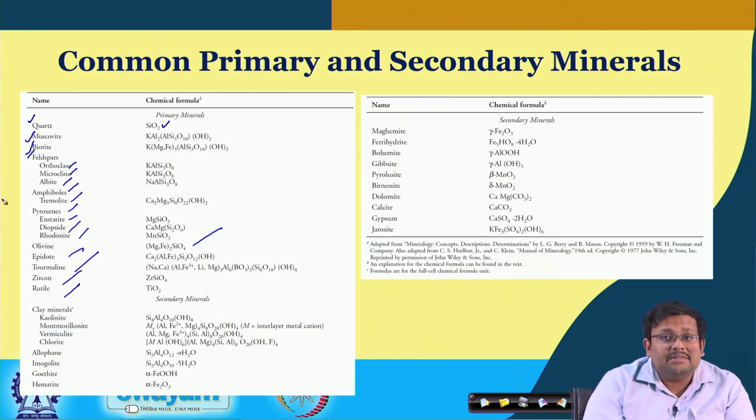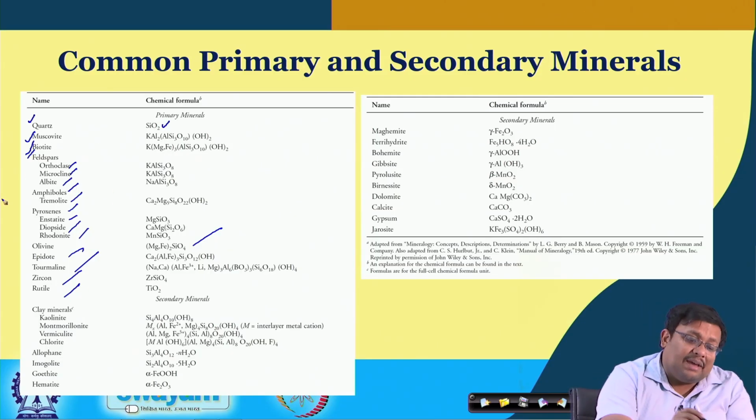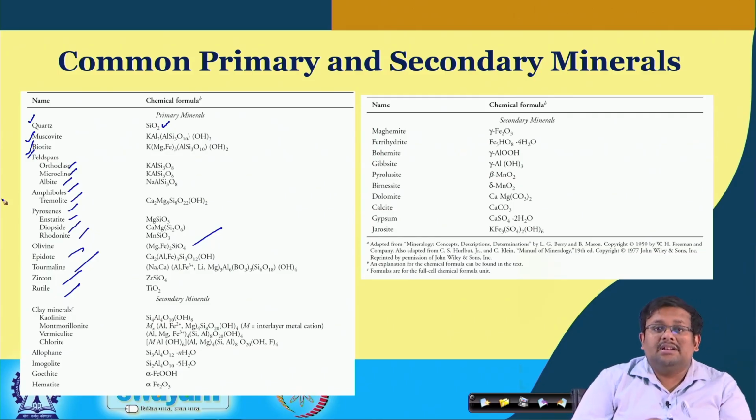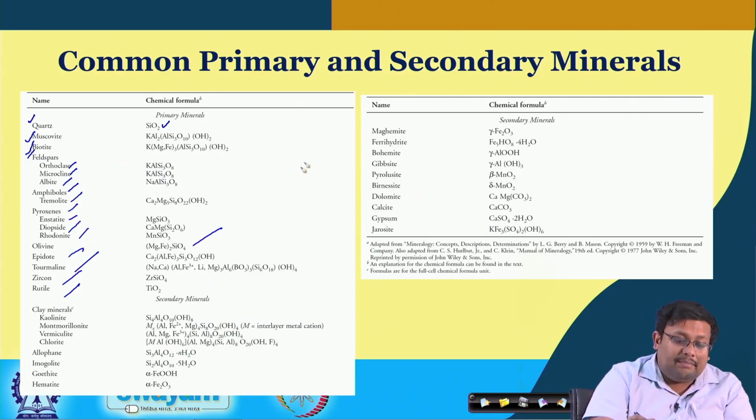All these are different types of primary minerals, which you can see in the original composition of the rocks, because rocks are mainly composed of these primary minerals, and unless the chemical nature of these primary minerals changes, they are not termed secondary minerals.